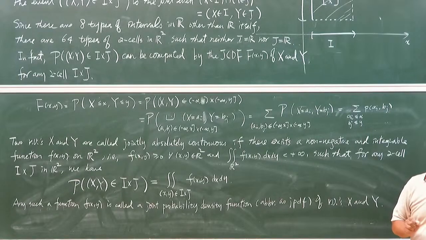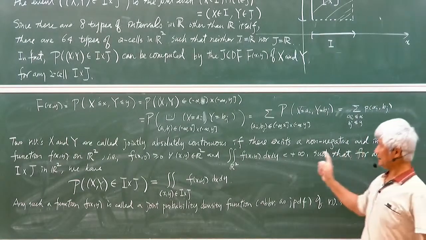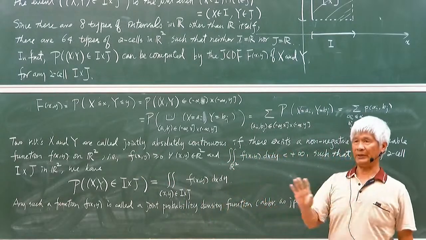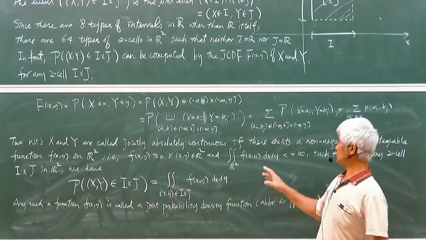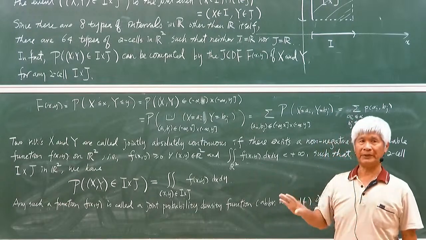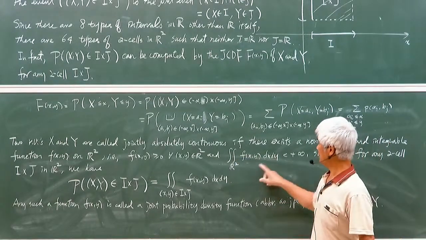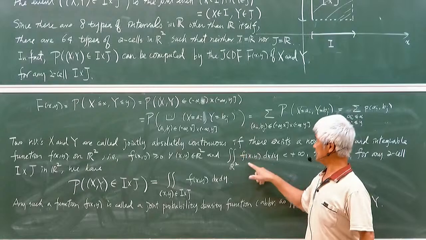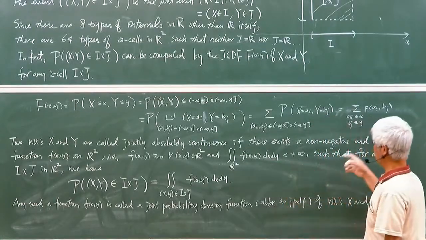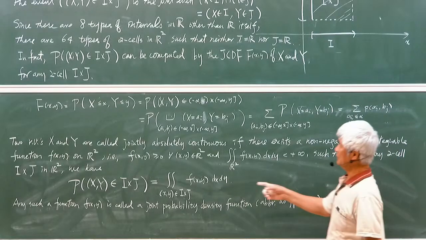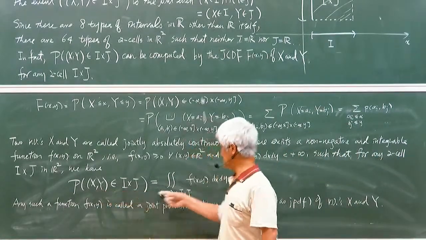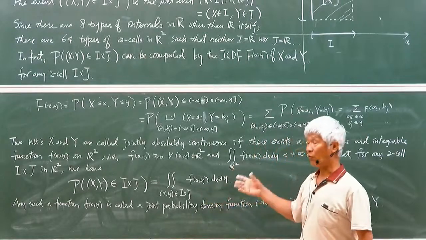That means we have to find a non-negative function on the real plane which is integrable over the real plane, so the double integral of this integrand should be finite. And you have to verify that for any two cells, this probability is equal to this double integral over the two cells.